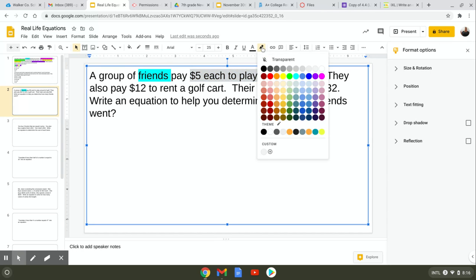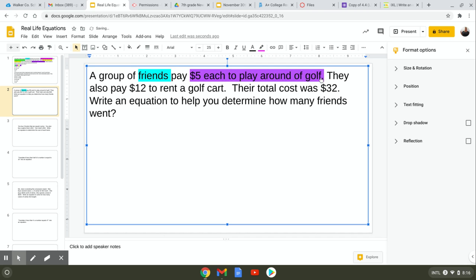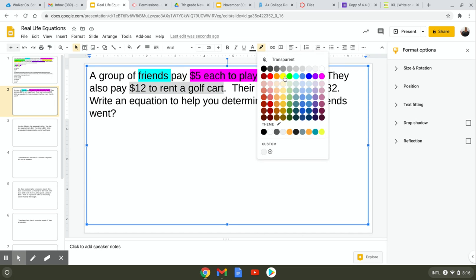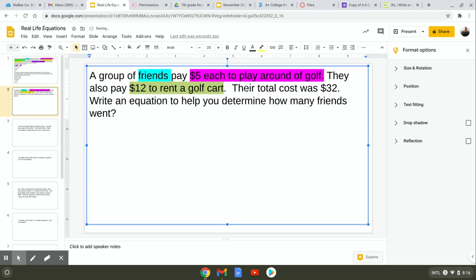So we'll make that this purple color. They also pay $12 to rent a golf cart. So they're paying $12 to rent a golf cart. So we know how much that was. And we know what their total cost was. Their total cost was $32.